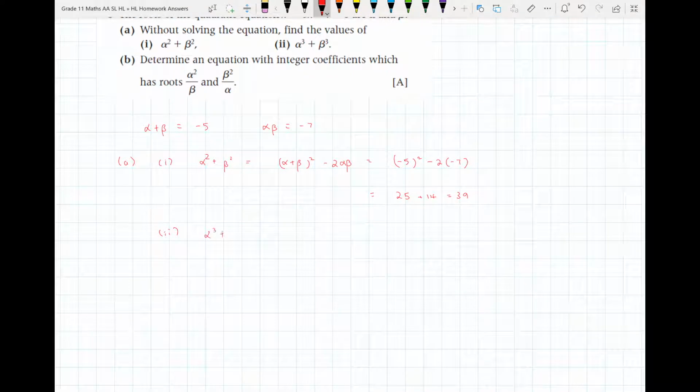For the sum of cubes, we can express as follows. Substitute. Simplify.